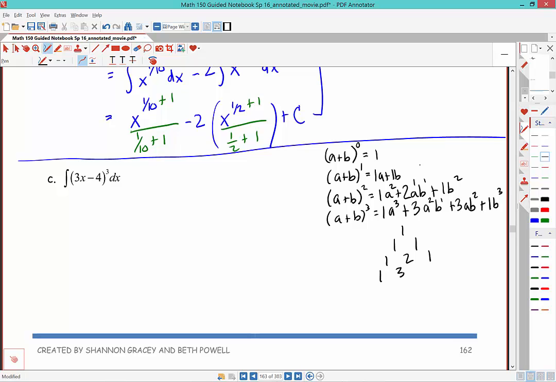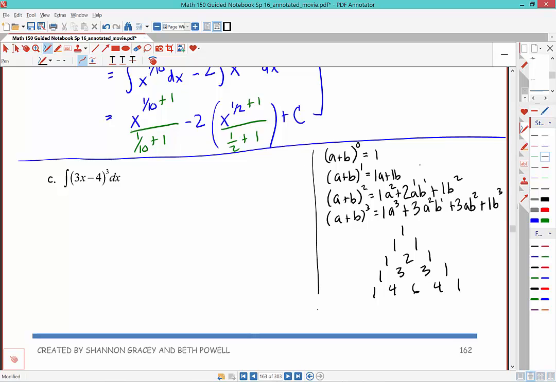So that gives us 1, 3, 3, 1. So what would the next one be? Do you see how you're adding to get the middle? Good. The next one, a plus b, that quantity to the fourth, would be 1, 4, 6, 4, 1. So this is just a quick way to get your coefficients.